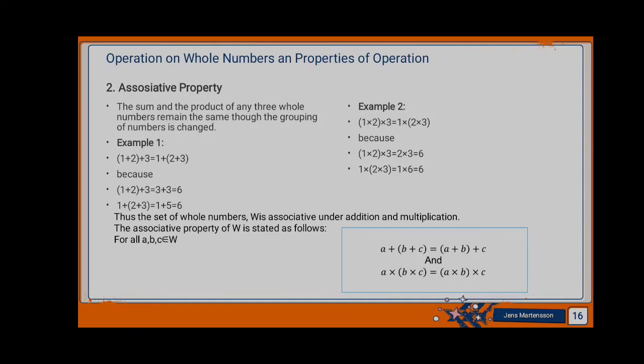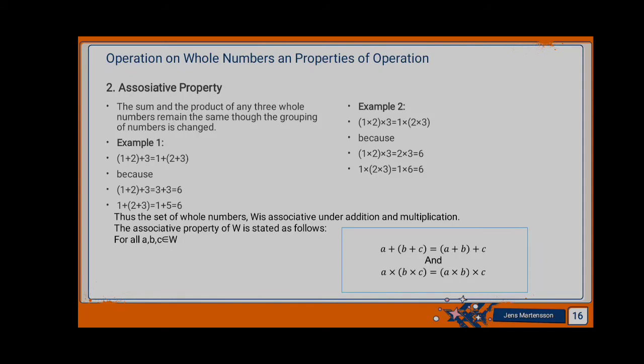Example 1: (1 plus 2) plus 3 is 1 plus (2 plus 3), because (1 plus 2) plus 3 is 3 plus 3, which is 6, and 1 plus (2 plus 3) is 1 plus 5, which is 6.